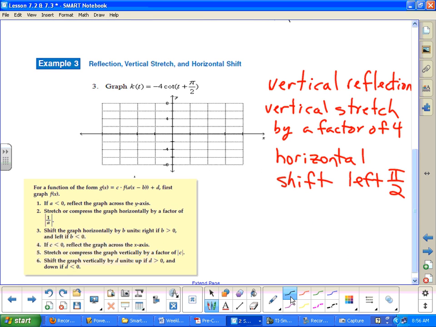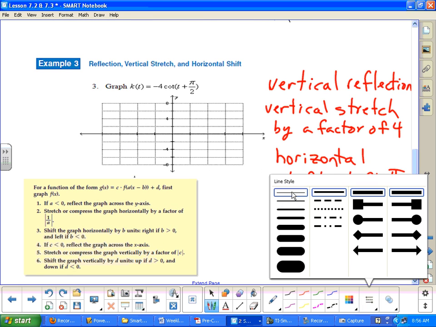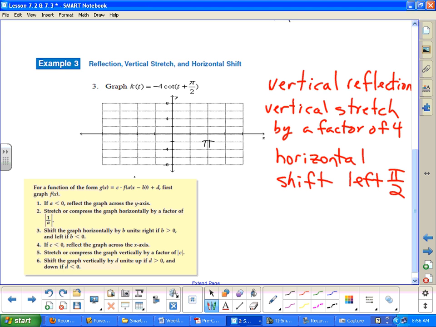So let's put our axes up here and put all of our scales in. We've got pi here, 2 pi, negative pi, and negative 2 pi. Because we shifted horizontally pi over 2 to the left, our asymptotes are now going to be at all the pi over 2's.